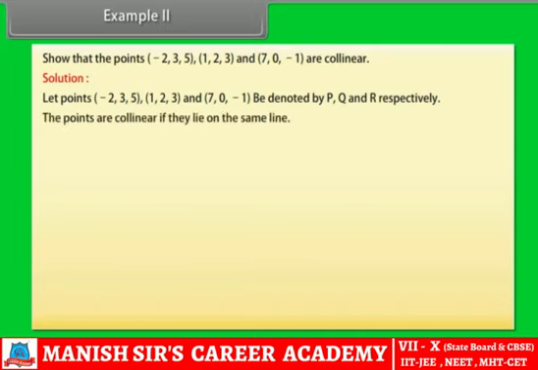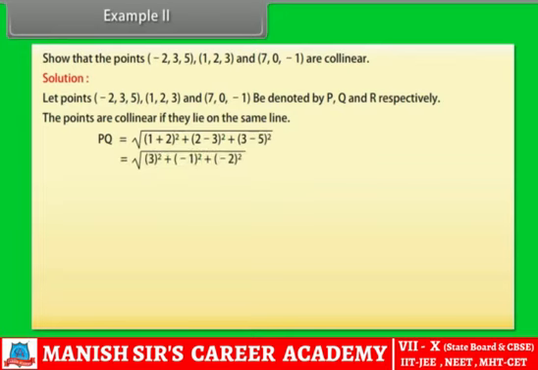The points are collinear if they lie on the same line. PQ is equal to square root of (1 plus 2) square plus (2 minus 3) square plus (3 minus 5) square. After calculating PQ, we get square root of 14.